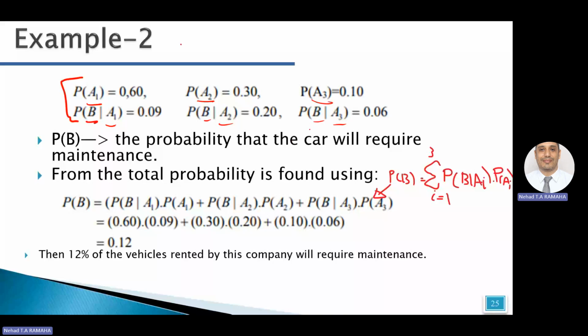We calculate it. This one is given to you. So 50% of the cars coming from A2 could be broken and need maintenance. It's better not to bring cars from A2, yes. This one, probability here. Okay.